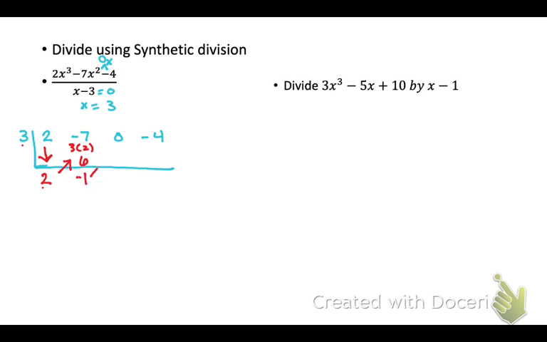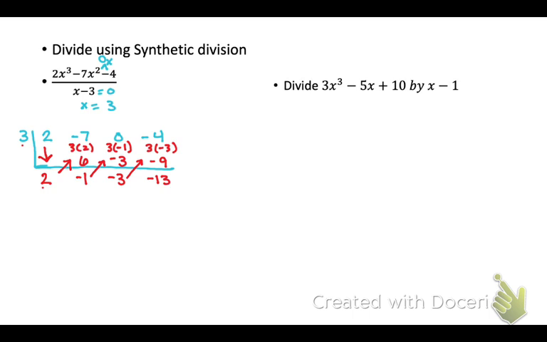Then we take 3 times negative 1, which is negative 3. Combine 0 and negative 3, negative 3. Am I going too fast? No. Okay. Then 3 times negative 3 is negative 9, so negative 13.